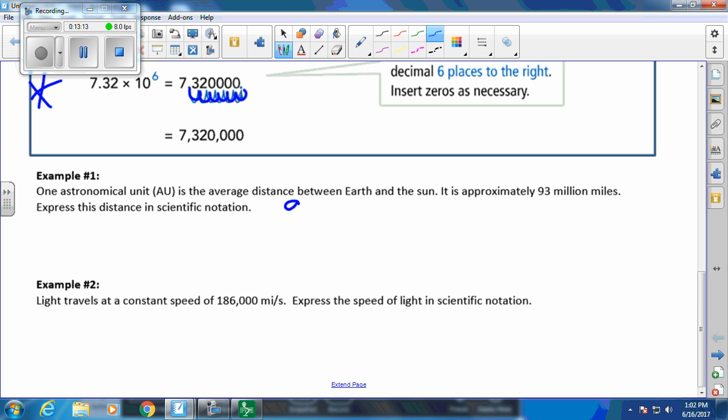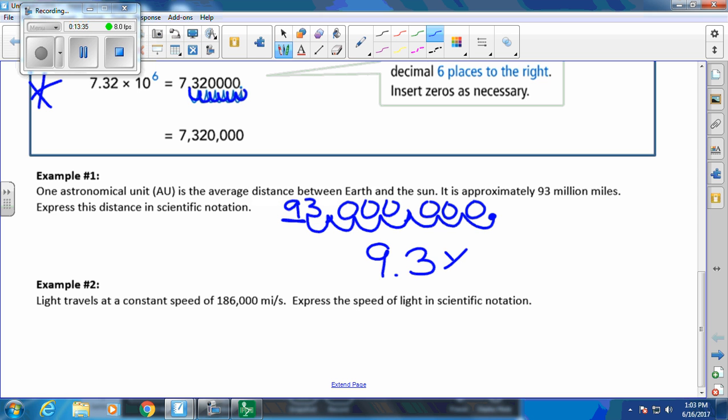So that's 93 and then million. So the 3 is in the millions place, and it's 93 and our 6 zeros. So you take your decimal point, put it behind the 0, and go 1, 2, 3, 4, 5, 6, 7. Because again, you only want 1 number in front of the decimal point, and so your answer is 9.3 times 10 to the 7th.